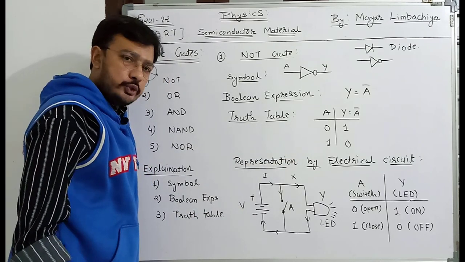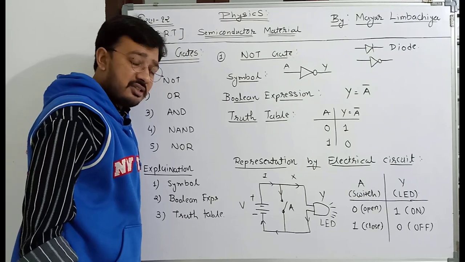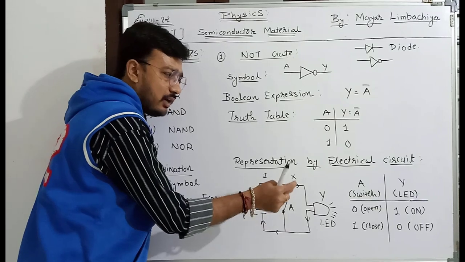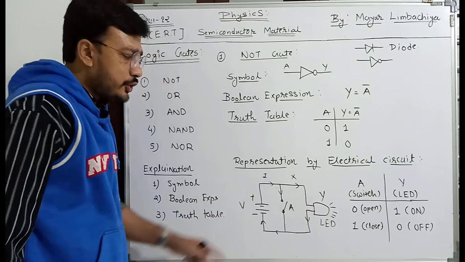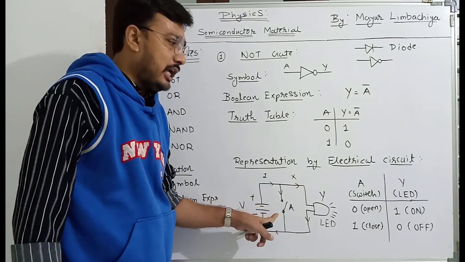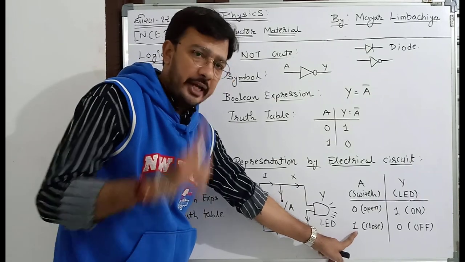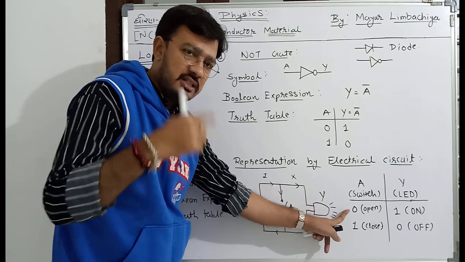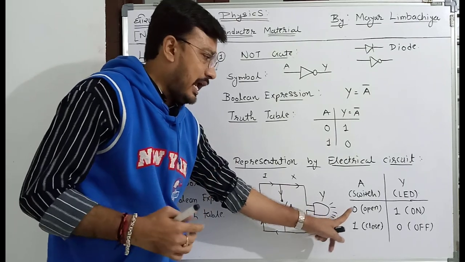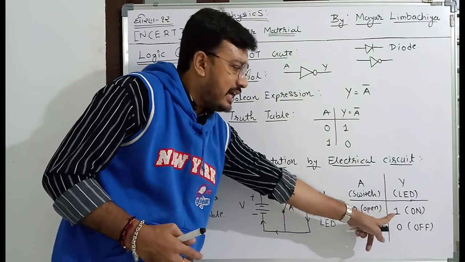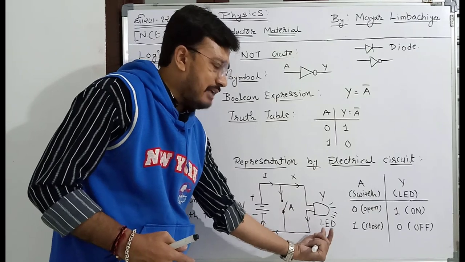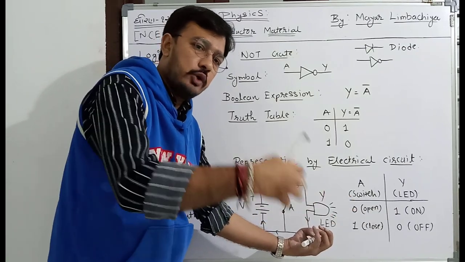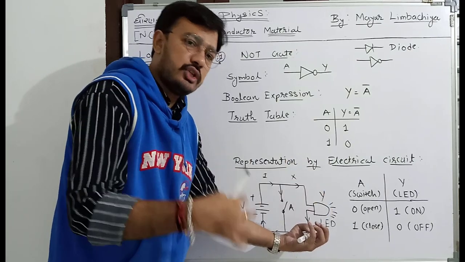We first apply the input by switching on and off. Once you close the switch, the input is 1. When you open the switch, the input is 0. According to that, you will get the output: the LED will be on or off, which represents output 1 and 0.